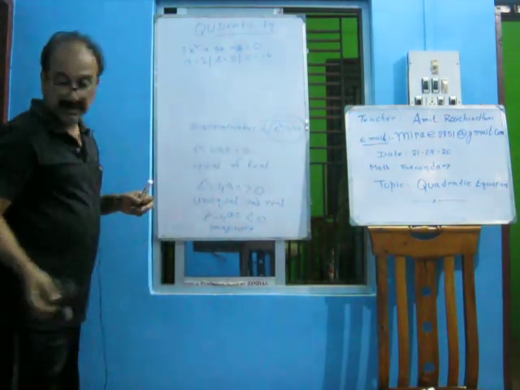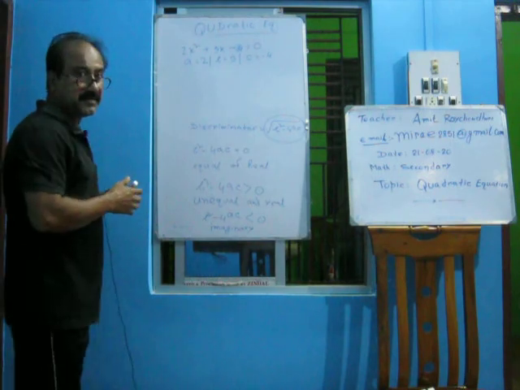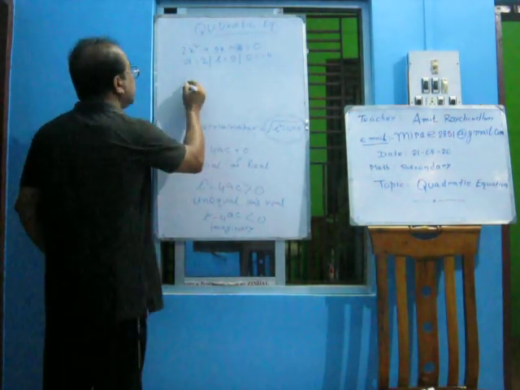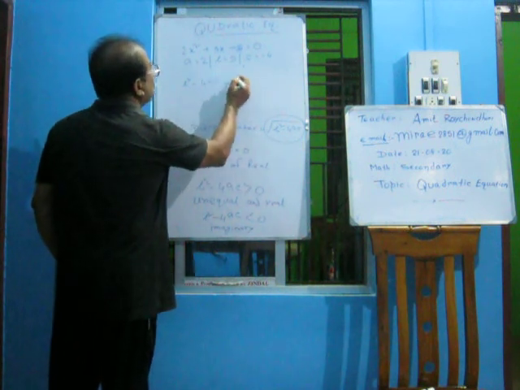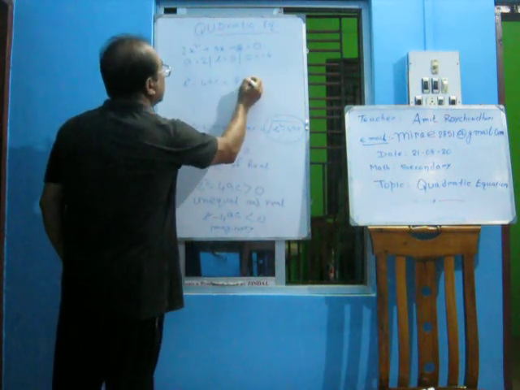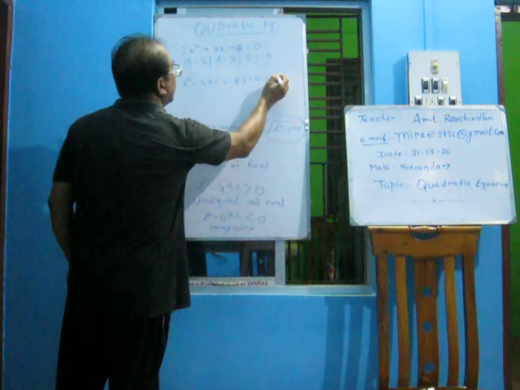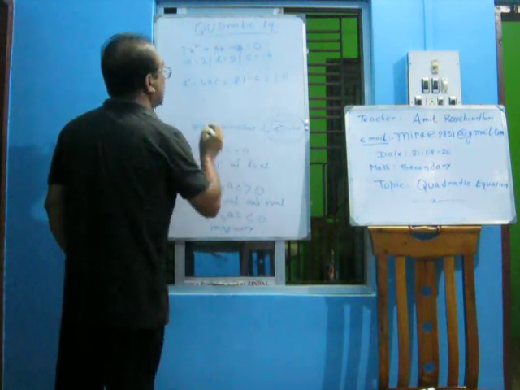Once I am checking the discriminant, b square minus 4ac equals 81 minus 4 into 2 into minus 4.